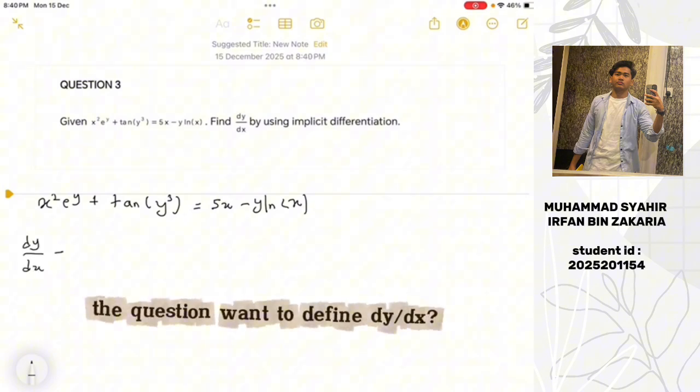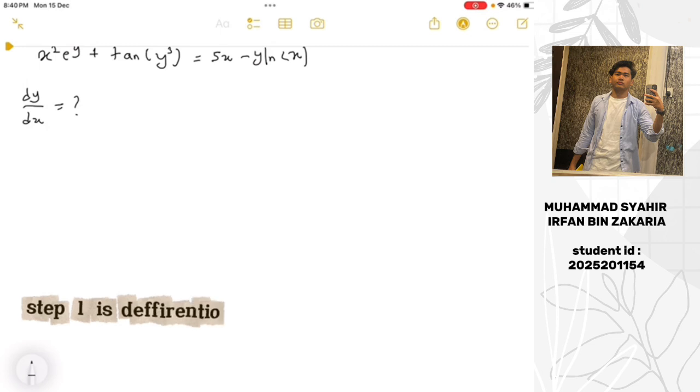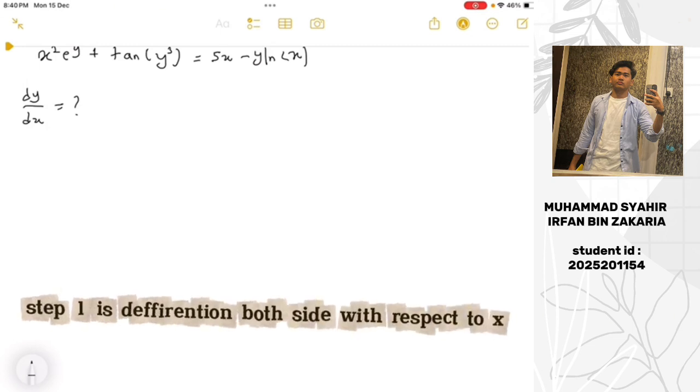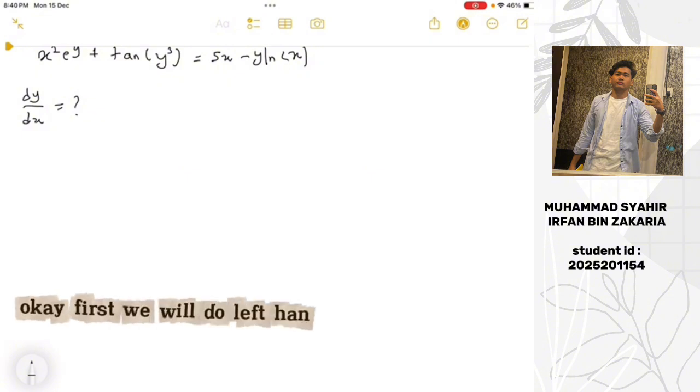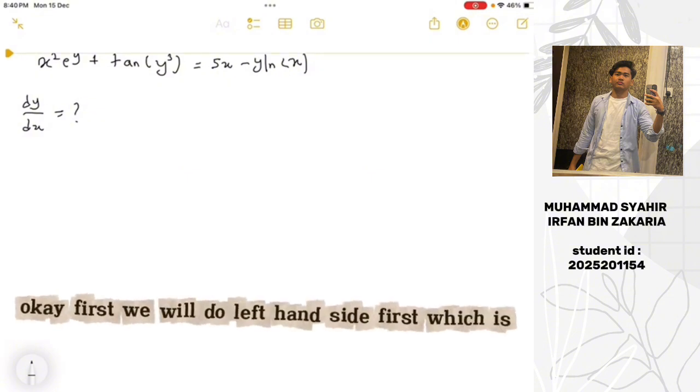We want to find dy/dx. Step 1 is to differentiate both sides with respect to x. First we will do the left hand side, which is x^2 e^y.